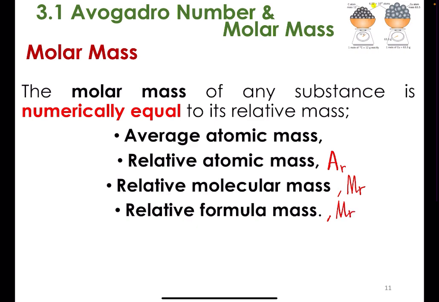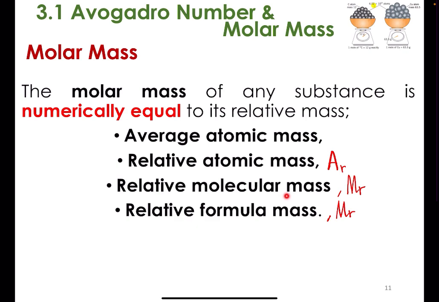So, what I'm going to say here, maksud numerically equal dekat sini, ia bermaksud nilai sahaja yang sama, tapi a few of them ada unit. So, maknanya contohnya, kalaulah awak punya relative molecular mass adalah 28. So, dia adalah relative sebab tu dia tak ada unit. Dia hanya ada nilai 28. But right now, I want to determine the molar mass.